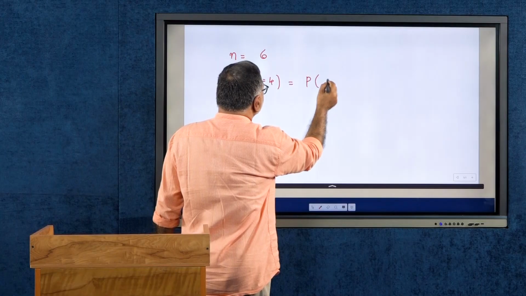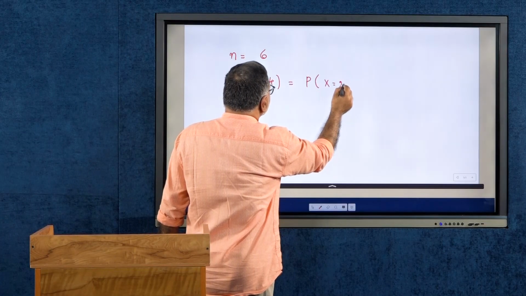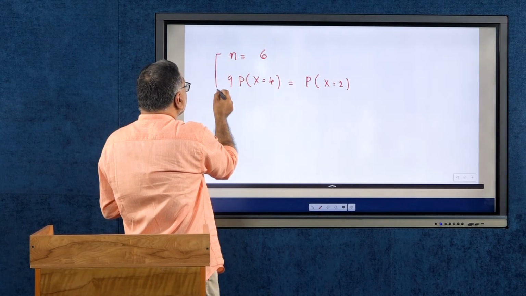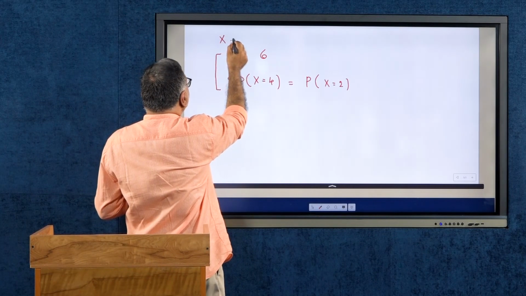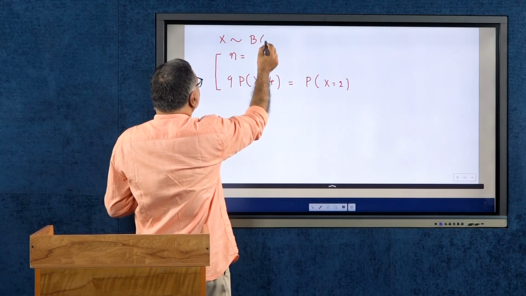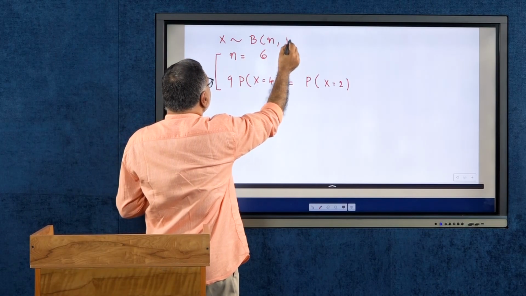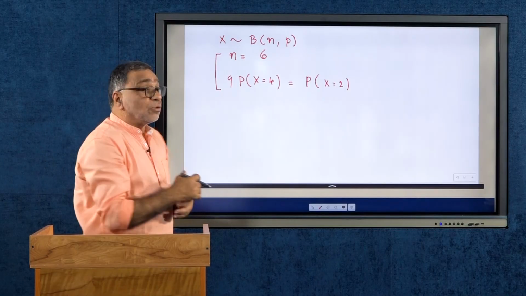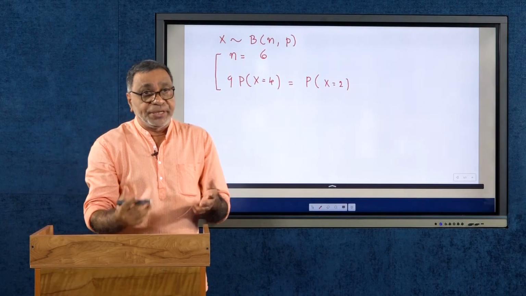This is given to you. See, the problem is, suppose you are given x is a binomial random variable with the parameters n and p, where the parameter value n is given to you. How do you find the value of p?